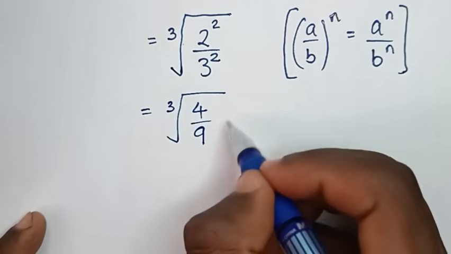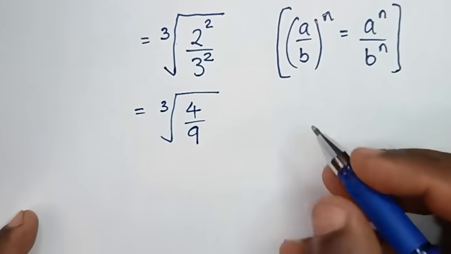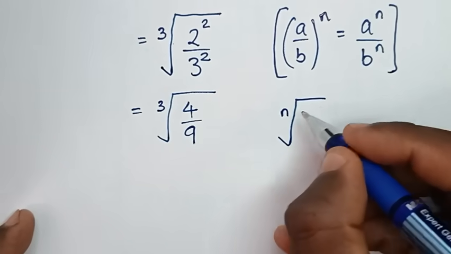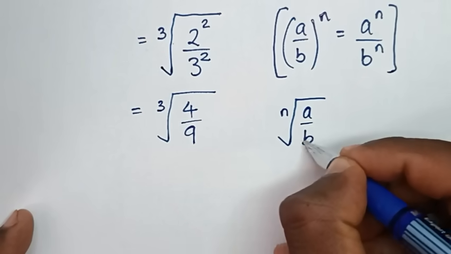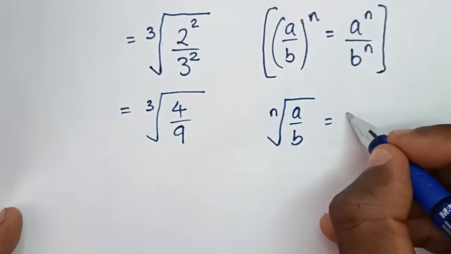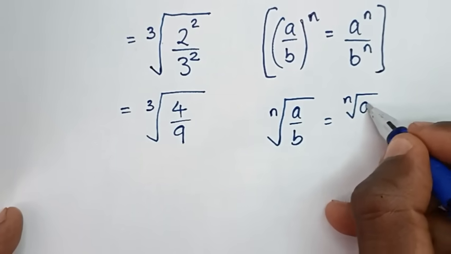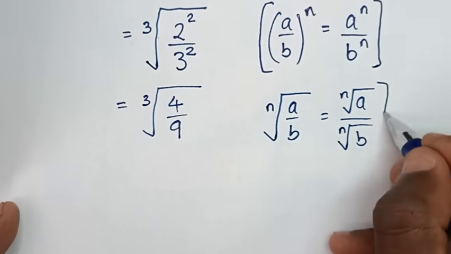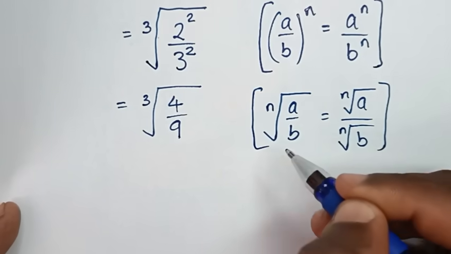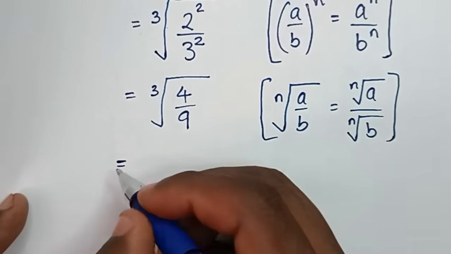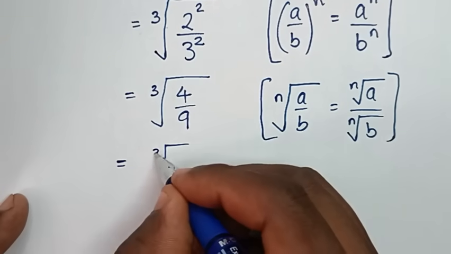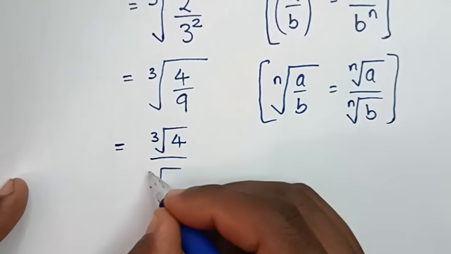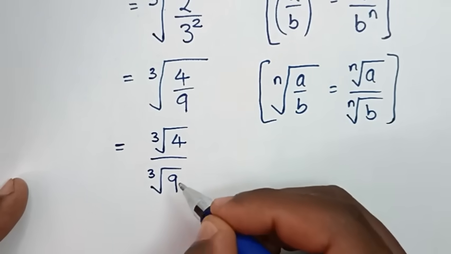Then from this part here, we'll apply the rule, it is in the form of the nth root of a over b, which is equal to the nth root of a over the nth root of b. So it will be equal to the third root of 4 over the third root of 9.